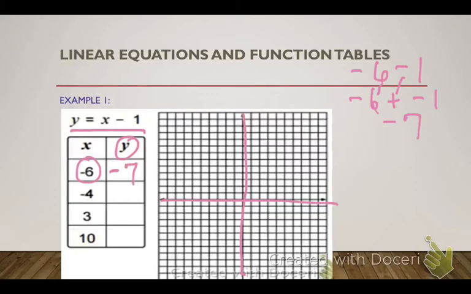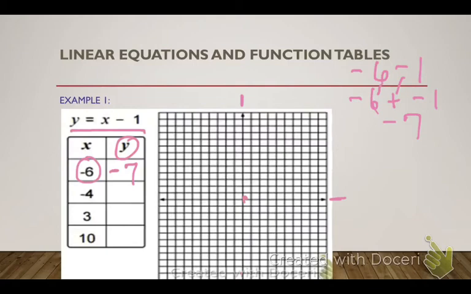Now you notice that there are no numbers, so we want to know where the two axes are intersecting, which is approximately right there. So that's 0, 0. I'm going to go negative 6, negative 7.